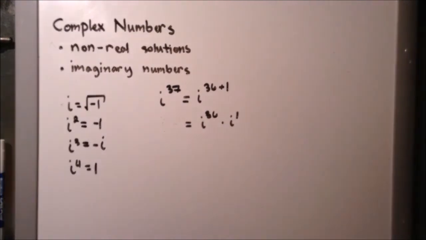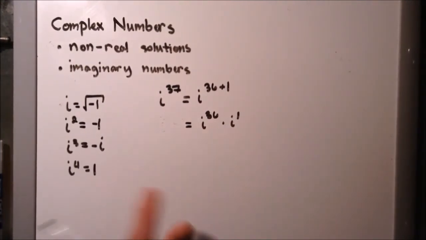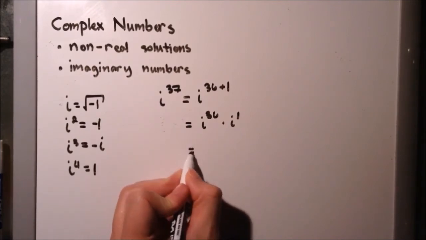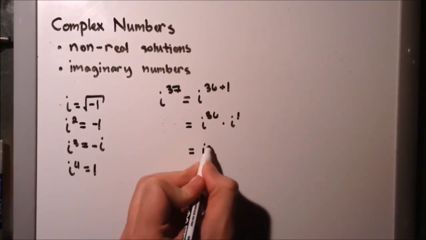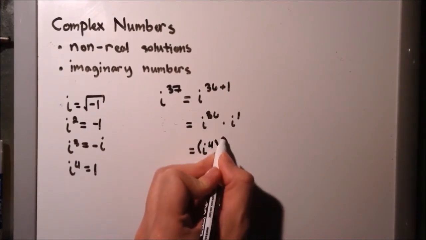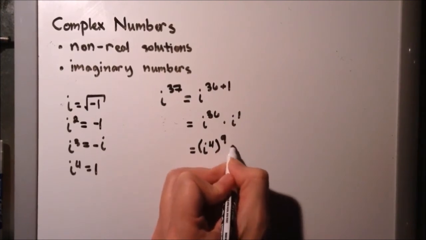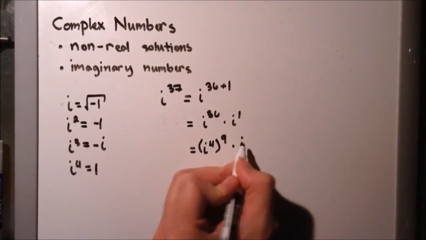Now, we can simplify i to the 36 since it's divisible by 4. So it's going to be i to the 4th power raised to the 9th power, because 4 times 9 is 36. And I bring down just the i, I don't have to write the 1.